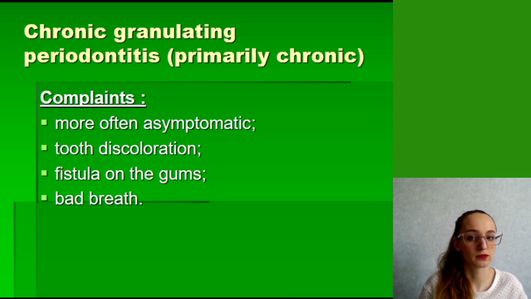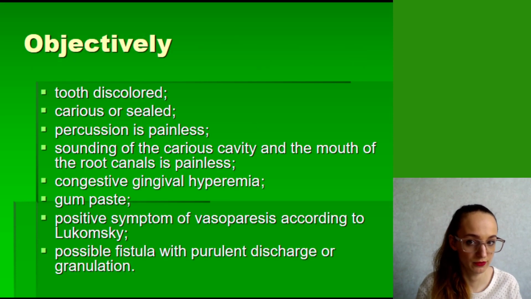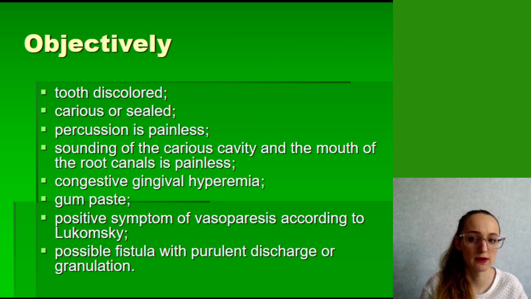Complaints: more often this form is asymptomatic. But you can see tooth discoloration, fistula on the gums, and bad breath. Objectively, teeth have some discoloration, carious or sealed, percussion is painless, sounding of the cavity and the mouth of root canals is painless.